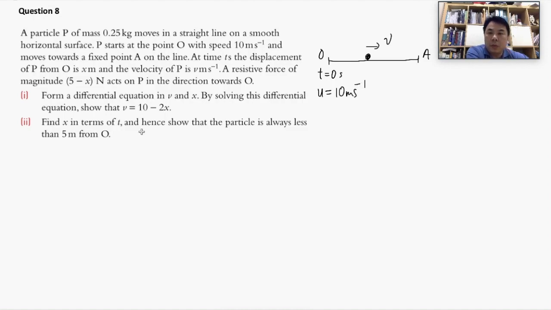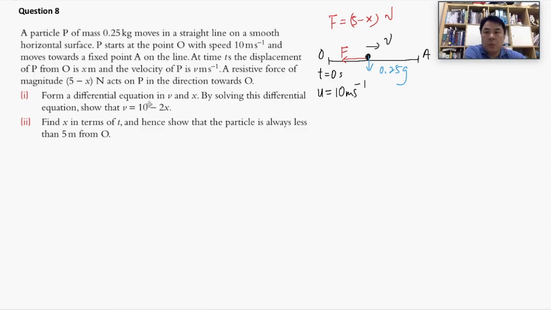Then there's a resistive force acting on the particle in the opposite direction, which is given here as F. F is given as 5 minus x Newtons. It has a mass of 0.25 kg. Basically, that's all we have.